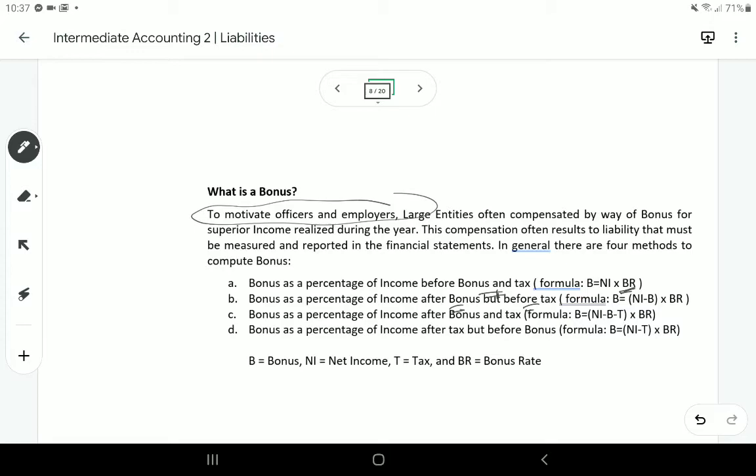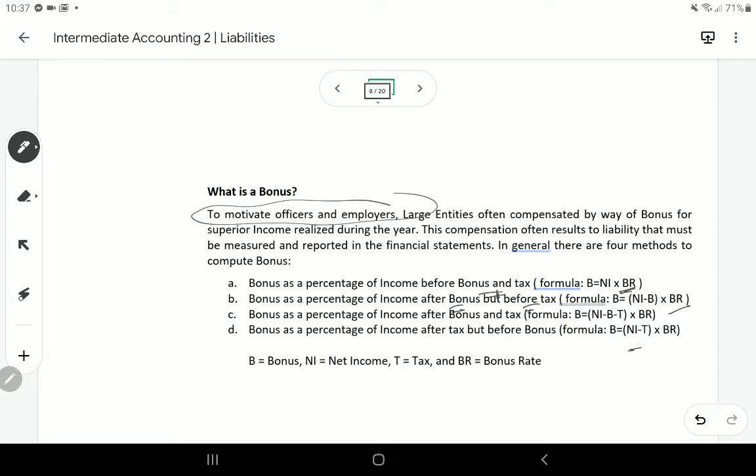Okay? Next is bonus as a percentage of income pagkatapos ng bonus at pagkatapos ng tax. Then bonus as a percentage of income pagkatapos ng tax pero bago ibawas ang bonus, no?